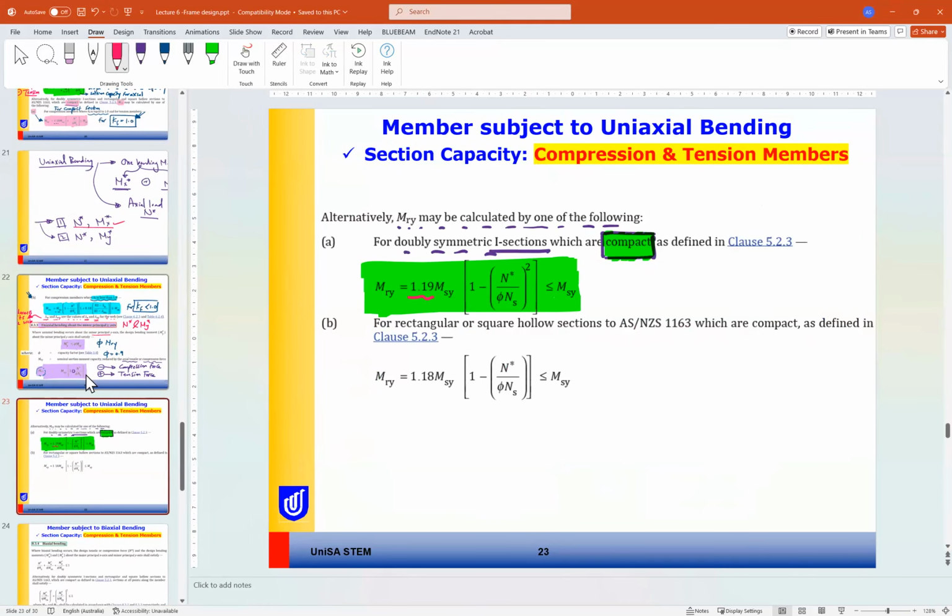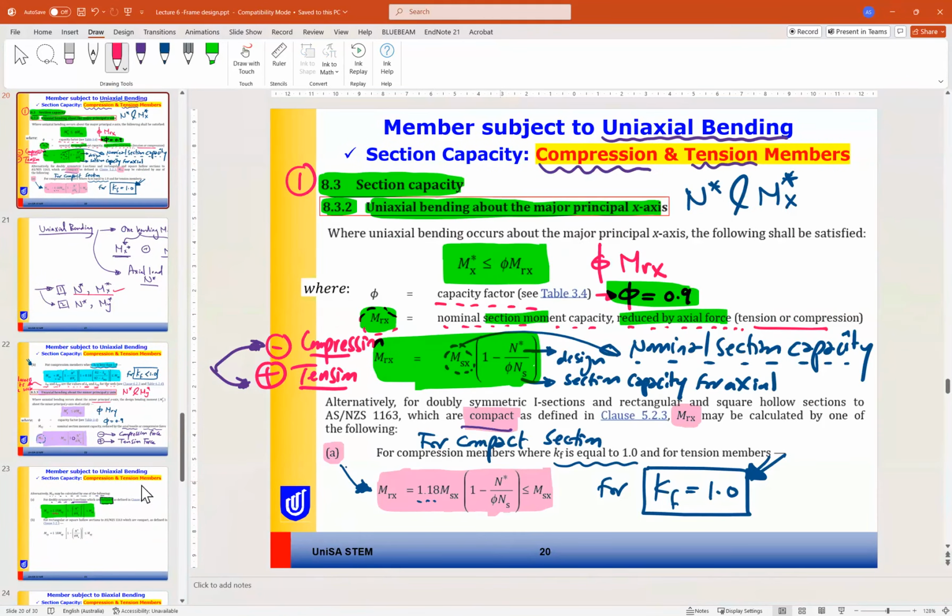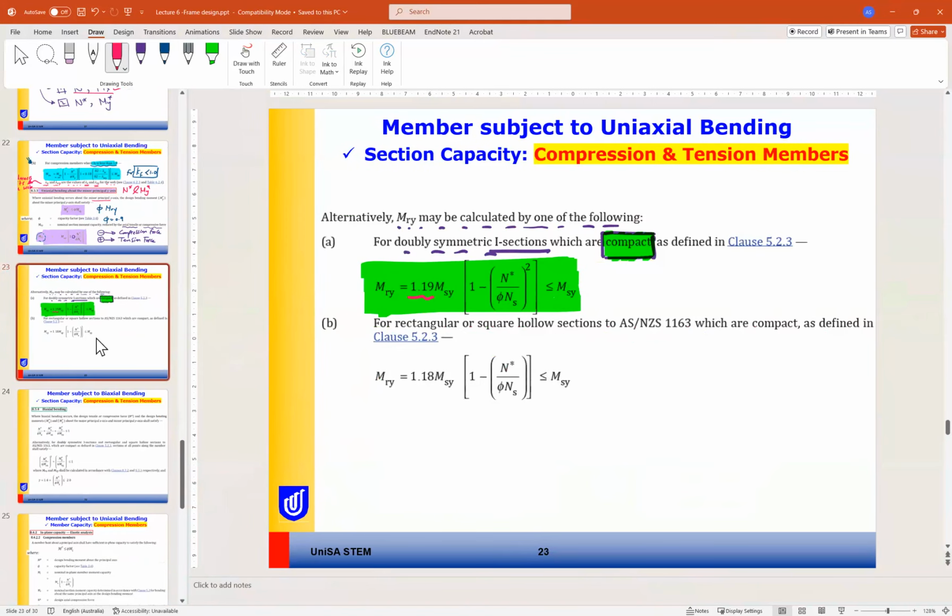Another difference is that here the bracket is not squared, while here the bracket is squared. Anyway, this is the formula for a symmetric I section. If it is a square hollow section, you can use this formula here, similar to before. So if this section is compact, you can use this formula for M_ry.